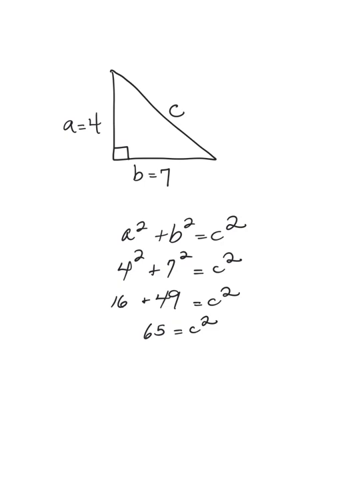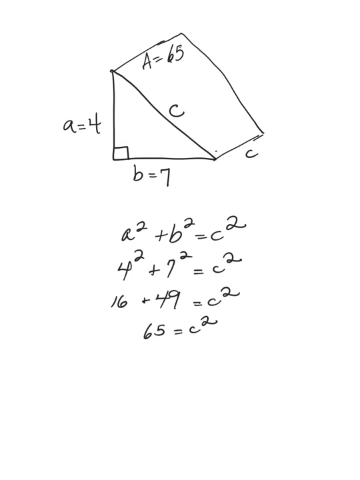So 65 represents the area of the square. And that's a very poorly drawn square, I apologize. Remember, a square has all sides the same. So c squared, or c times c, has an area of 65.